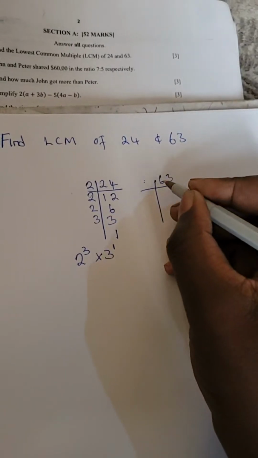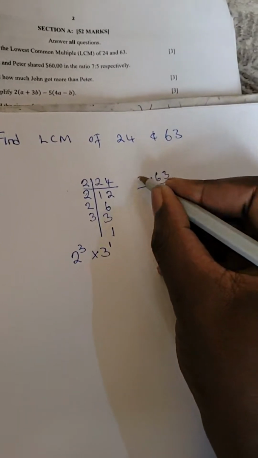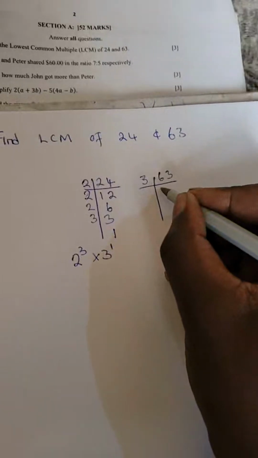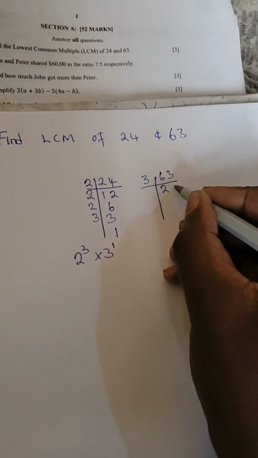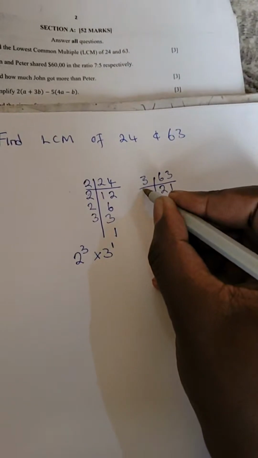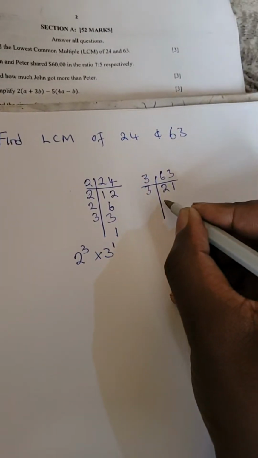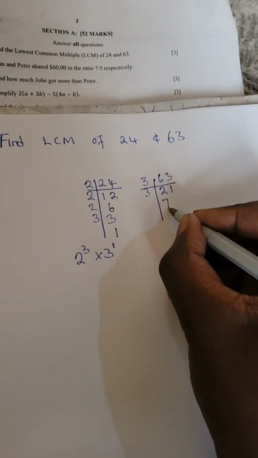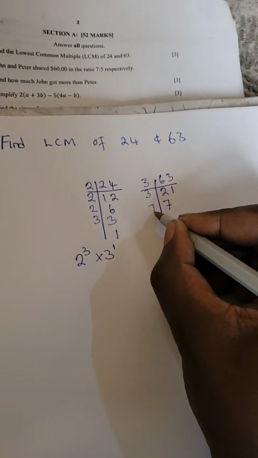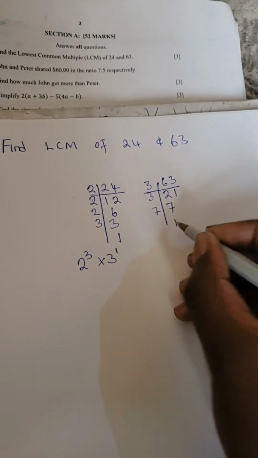So we want to break 63 as the product of its prime factors. So we're going to use 3. 3 into 6, that's 2, into 3, that's 1. Then 3 into 21, we get 7, and 7 into 7, we get 1.